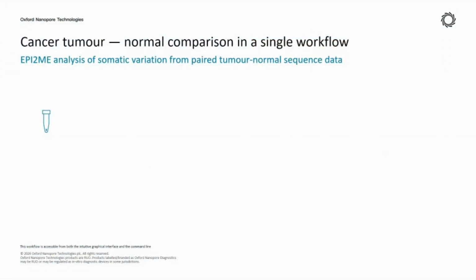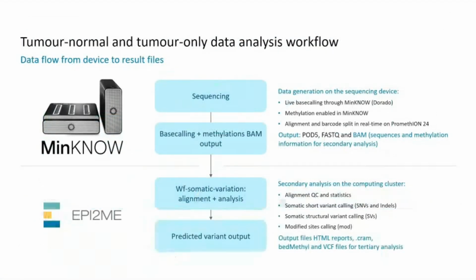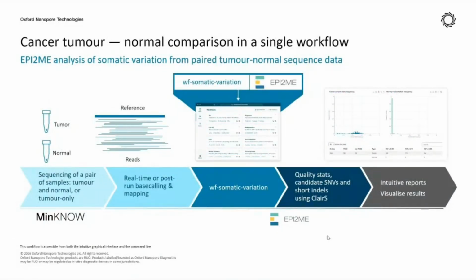So for cancer tumor normal comparison in a single workflow, the analysis includes the quality stats, identifying the SNPs, the short indels, insertions and deletions, and they use cancer-specific or somatic-specific software in order to do the analysis.